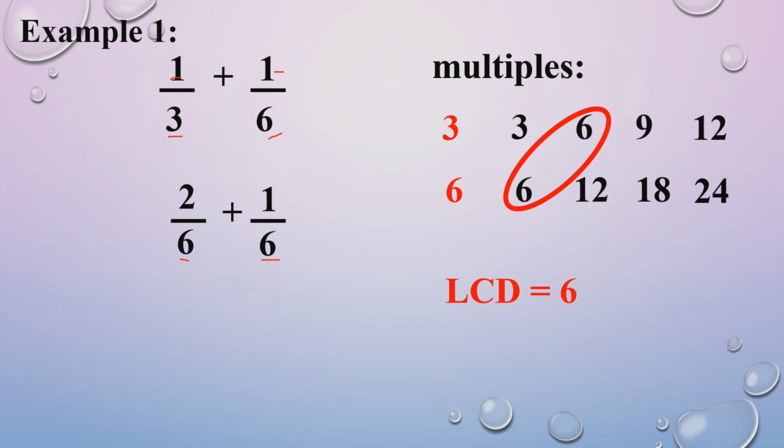Then we can add. So 2 plus 1 is 3, and then just copy the denominator 6, and then simplify the result. So that would be 1/2. We just divide 3 divided by 3 and 6 divided by 3 to get 1/2.